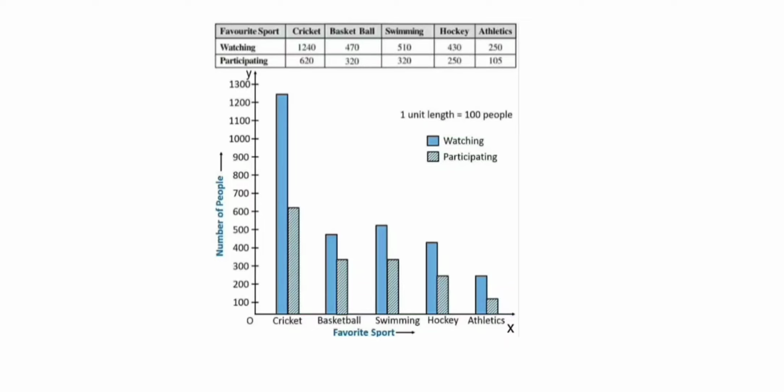Using this table we will draw a bar graph. On the x-axis sports are taken and on the y-axis the number of people, with a gap of 100. Since it is a double bar graph, we will use two sets, one solid, the other lined.